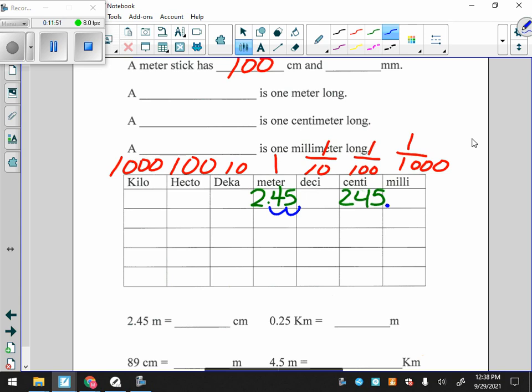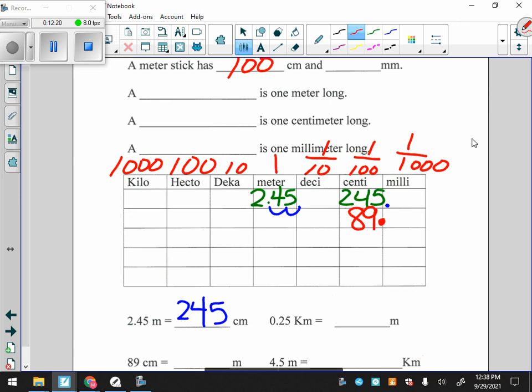So let's do one that shows that. We got to go to the left. Let's do 89 centimeters. Start over here. If I have 89 centimeters, my decimal goes here. I want to go to meters. On my meter stick, this is 89 centimeters. Is that a full meter yet? No. It's less than 1.